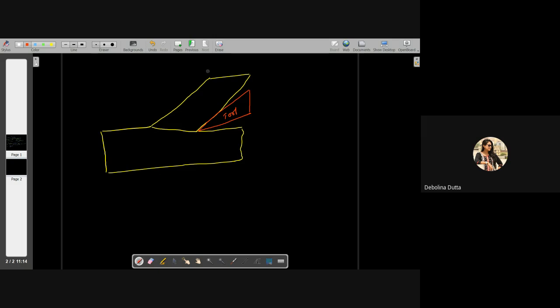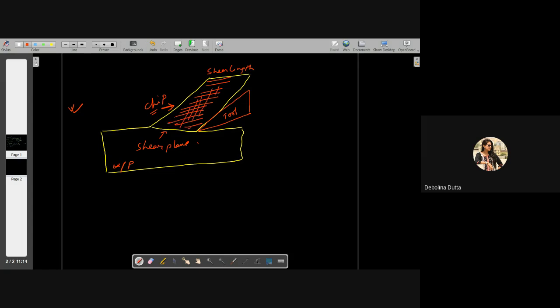This is the shear length. I am assuming that you know these. This is the shear plane. This is the workpiece, and the chip is this one. So in any conventional machining process, this formation of the chip is there.